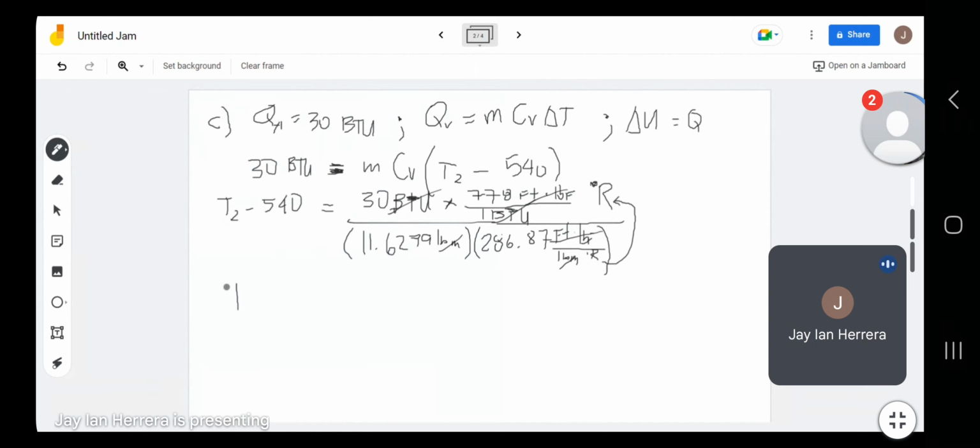So, sa mga may calcu, paki-calcu. So, T2 minus 540 equivalent to ilan?